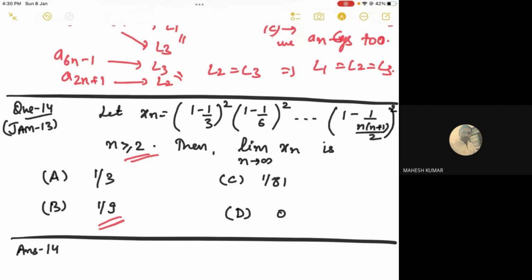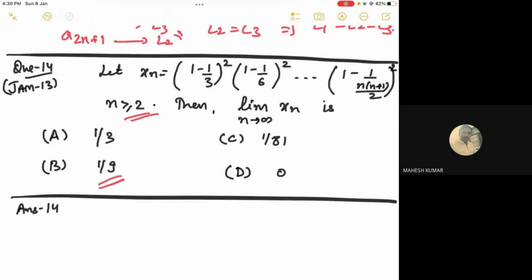Just break the last part into factor form, like n square plus n minus 2 upon n into n plus 1 whole square. And we have to see at least 3 terms, whether they cancel or not. Okay.